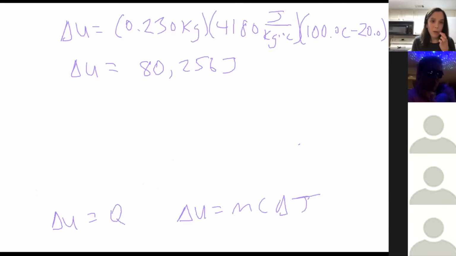The question would be, how long would it take to heat up the cup of water over a candle flame if the candle flame gives it 270 joules per second of energy? So we know that the flame gives it 270 joules per second. We need to give it 80,256 joules. How long would it take to do that?